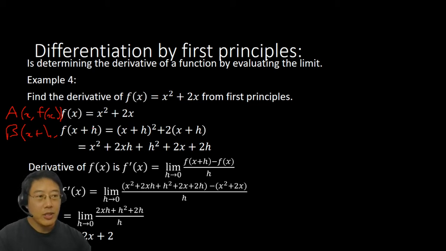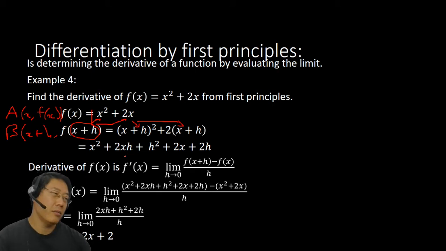F of x plus h, what you need to do is take that x plus h and substitute into your x to get a new expression. You need to expand the brackets, regroup the like terms if needed. Maybe not yet. Leave it expanded. The reason why is later on the terms will simplify. So this is your y coordinate of the second point. Then you use the expression of the first derivative.